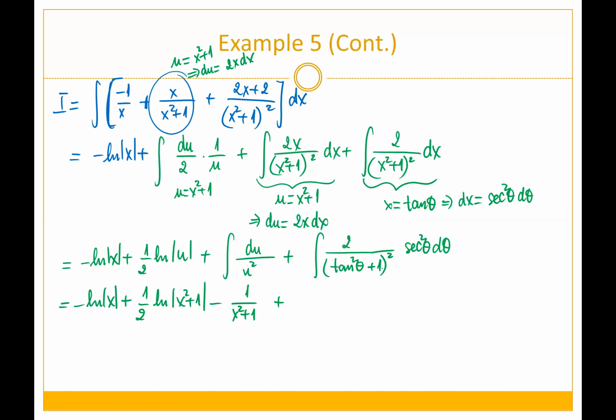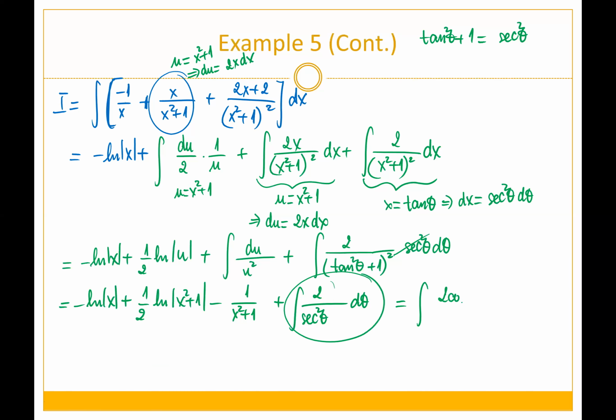Now, tangent square plus 1 is just secant square. So you can simplify with the secant square here. But you have a square here, so what we have left is 2 over secant square d theta. And again, you can use the double angle formula to resolve it, because now this thing is just going to equal 2 cosine square d theta.